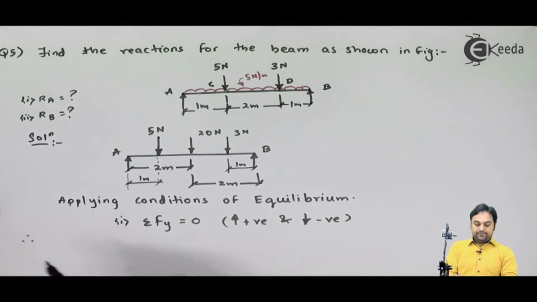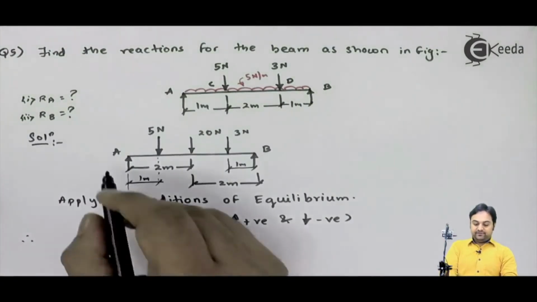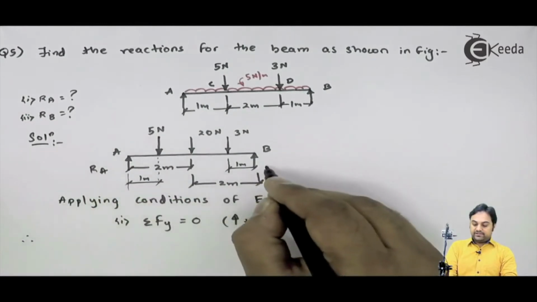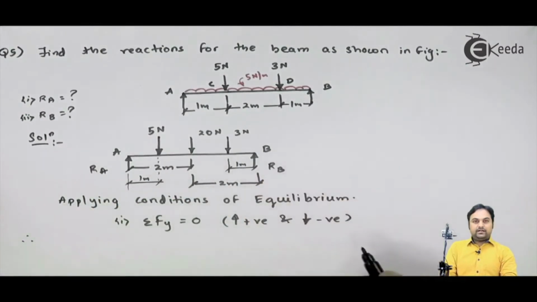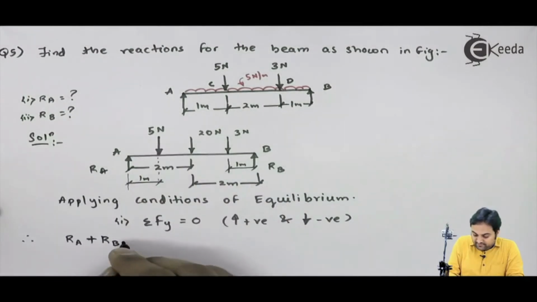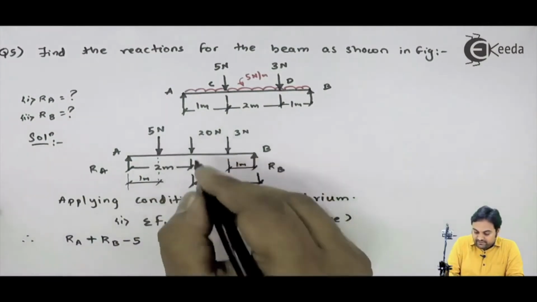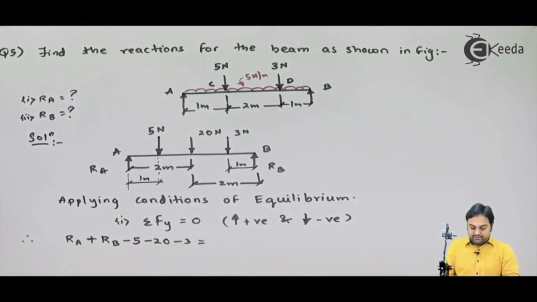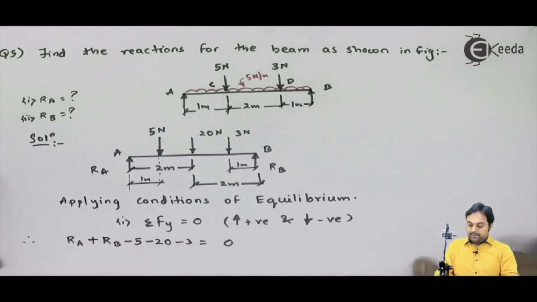Therefore, here I have reaction at A and reaction at B, both are upwards, therefore RA plus RB minus 5 minus 20 and minus 3, because all are acting downwards, that is equal to 0.